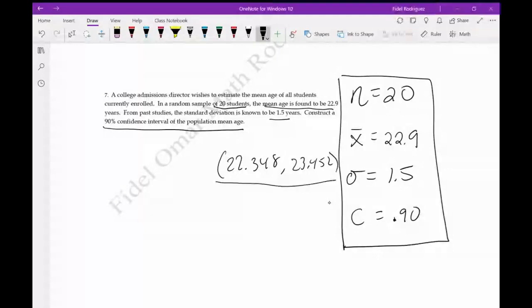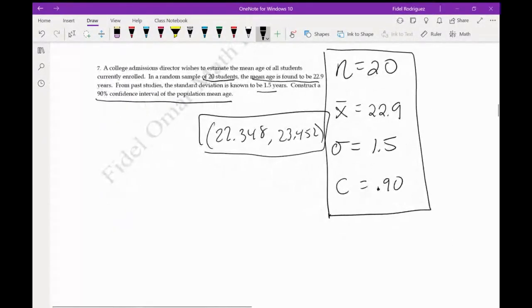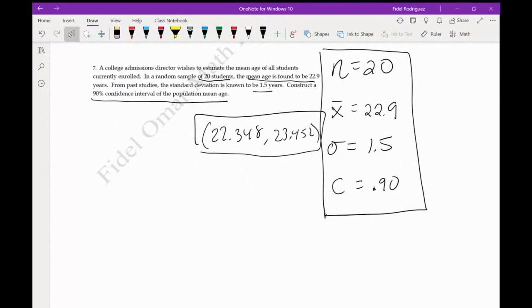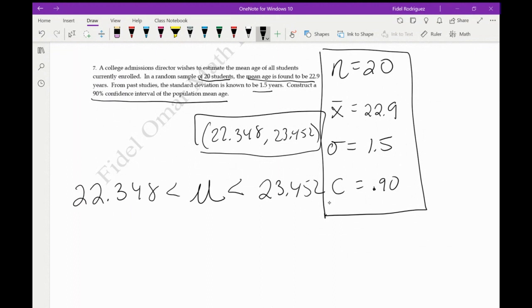Okay, here's my confidence interval, right? So guys, before I go on to number 8 or the next portion, I'm going to write this out using inequalities, okay? So 22.348 is less than my population mean, which is smaller than 23.452.